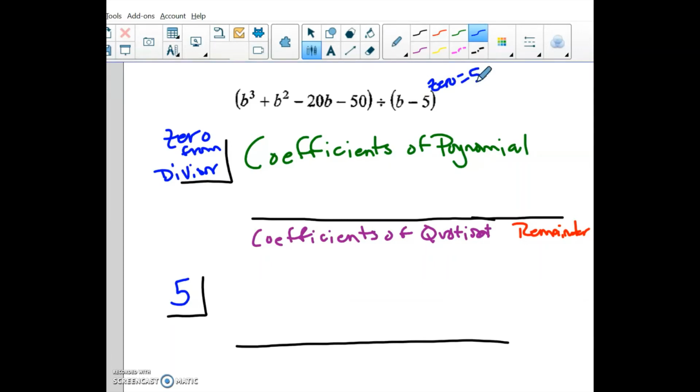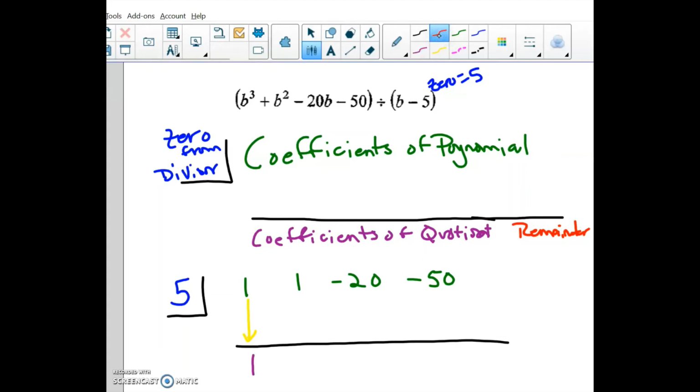We're going to put the coefficients of the polynomial right next to the 5. It'll be 1, 1, negative 20, and negative 50. So that's how we initially set the problem up. From there, the first number gets brought down. Just bring down the first number. So that's going to be a purple 1. That 1 becomes the very first coefficient of the quotient.